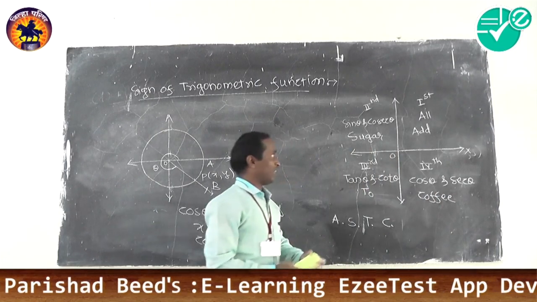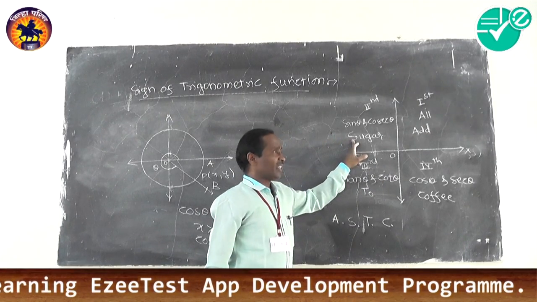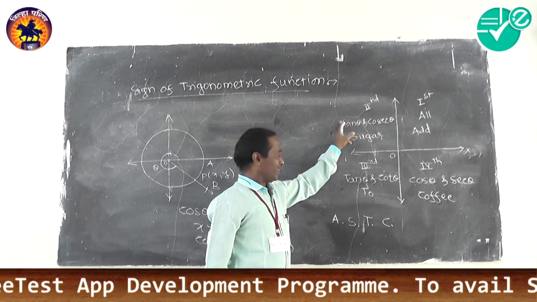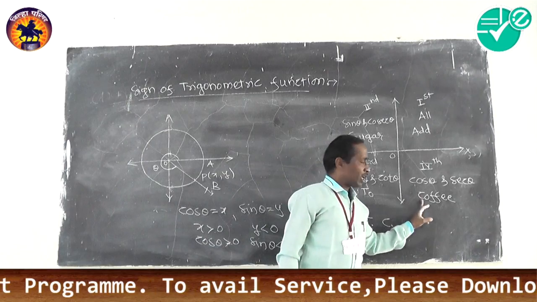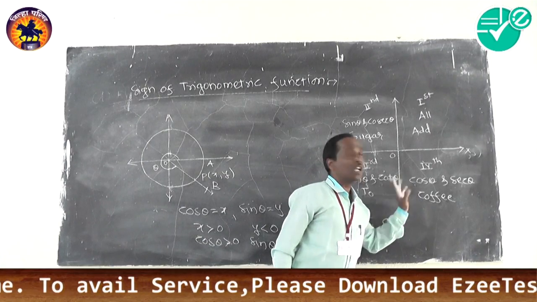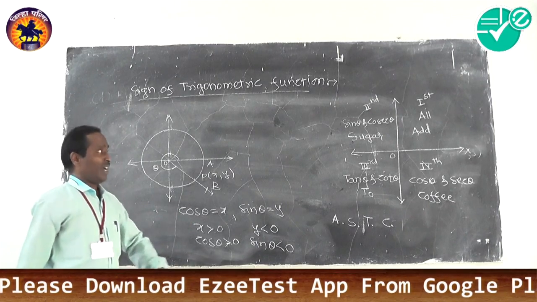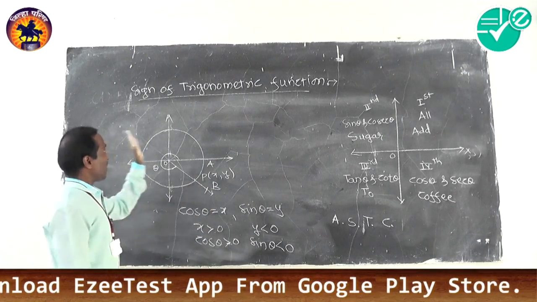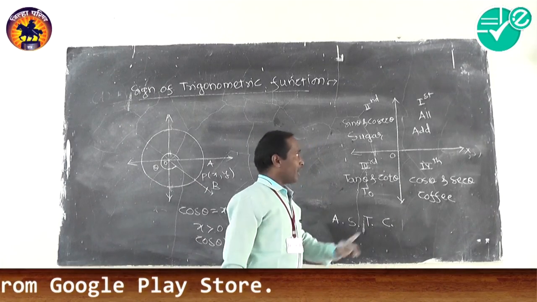The first alphabet of add is A, meaning all. The first alphabet of sugar denotes sine. The first alphabet of to denotes tan, and the first alphabet of coffee denotes cos. So we have to remember the signs of trigonometric functions by using the ASTC rule or add sugar to coffee.